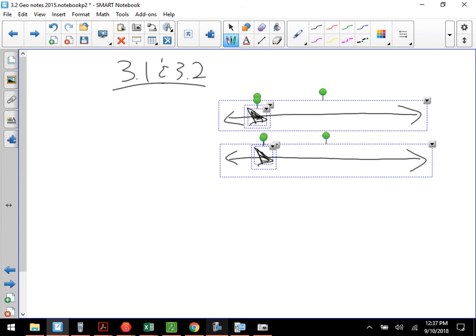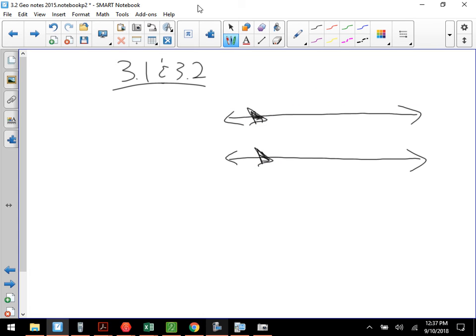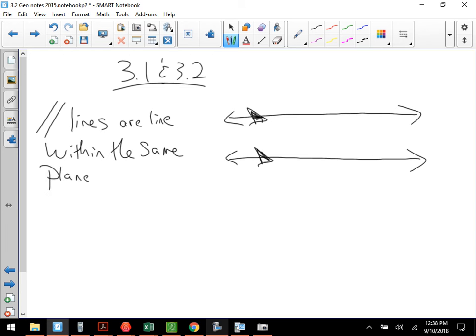And parallel lines, I'll just move this off here real quick. Instead of using the word parallel all the time, you've seen that, right? That stands for parallel. It's like diagonal lines like that just means parallel. So parallel lines are lines within the same plane, correct, that don't intersect.